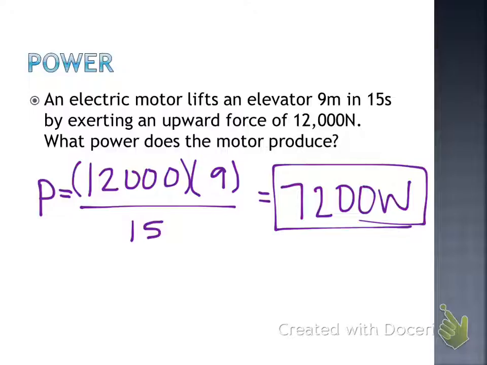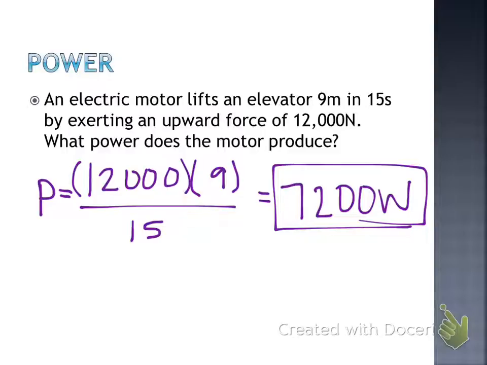Here our force and our displacement were already parallel to each other. That's important. They were both going vertically. We have to make sure that we're paying attention. If that force is applied at an angle, we have to find the component that's parallel to the displacement. This one was already parallel, so it's easy for us.